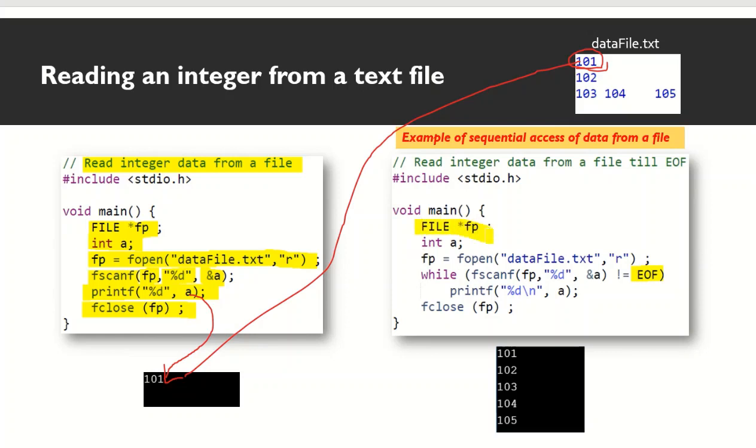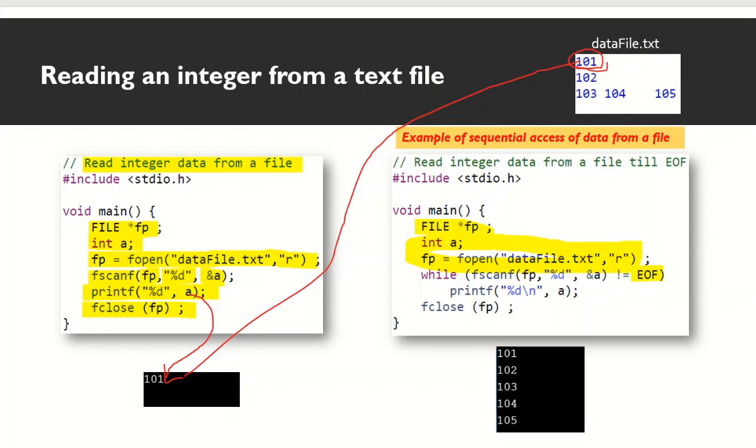The rest of the operations are the same, and the fscanf is run in a while loop, and each data that is read is printed. So the loop is: while fscanf fp, %d, ampersand a, not equal to end of file, print the read value.